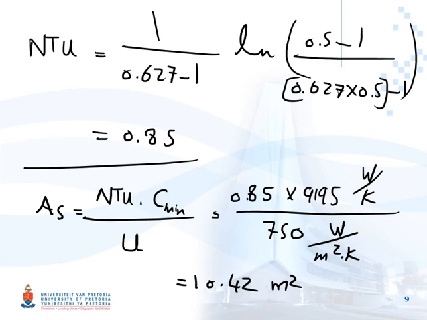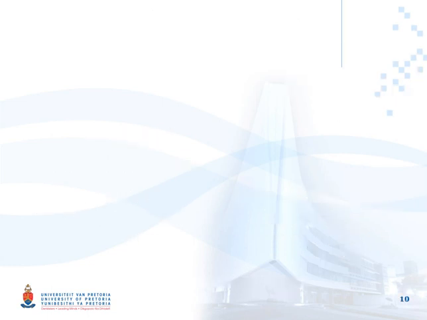But there is a problem here, because the epsilon that we calculated is 0.5, and this is just valid for 2 shell passes.